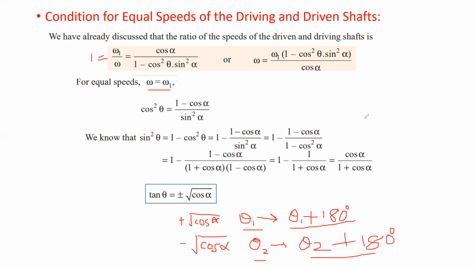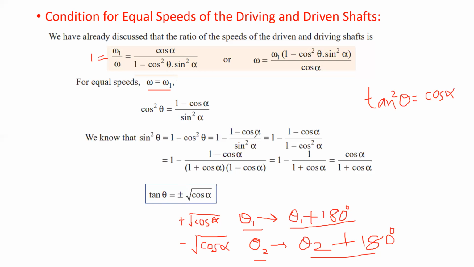You will get tan square theta as cos alpha. Then from this equation you can write tan theta is equal to plus minus root of cos alpha. In this way you can find out these values.